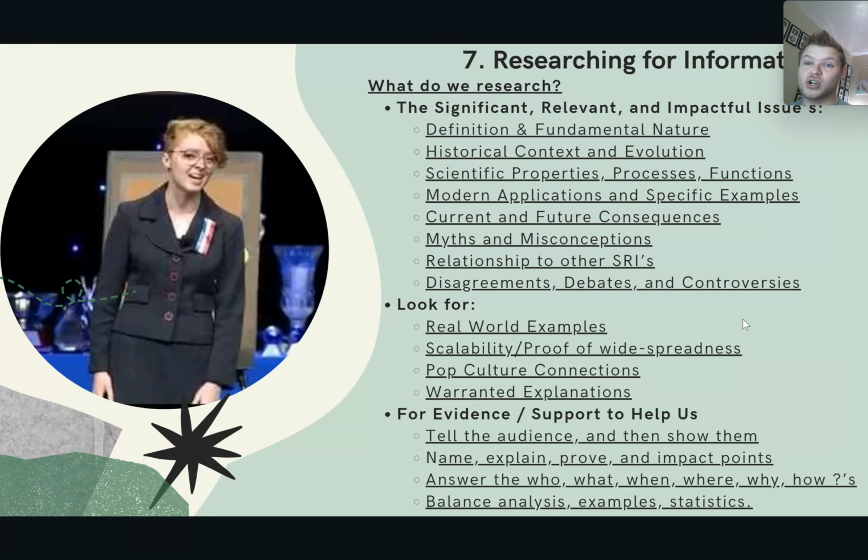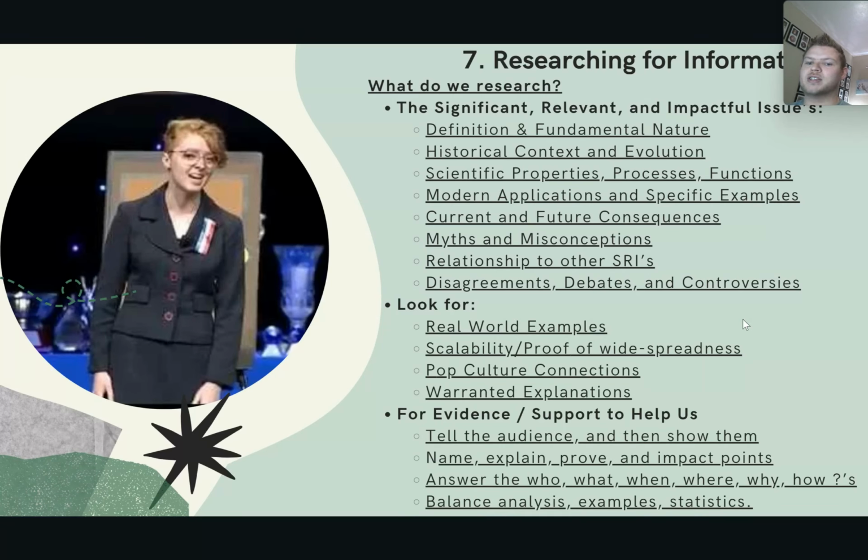You want pop culture connections to your topic and warranted explanations for why the facts are the facts about your topic. You also need the evidence to try and tell the audience something and then show them via your visual aid, and evidence is part of that. You also need to be able to name, explain, prove, and impact your topics, and that is what evidence helps you do.